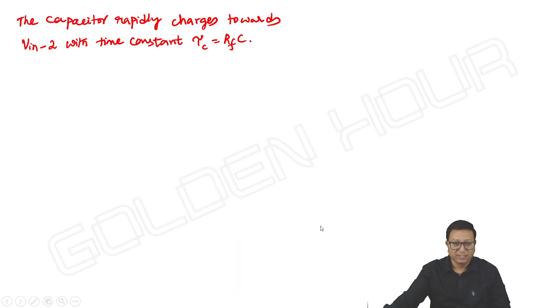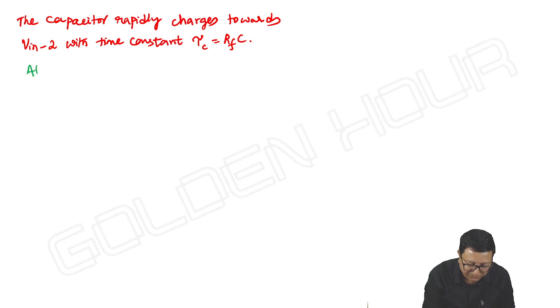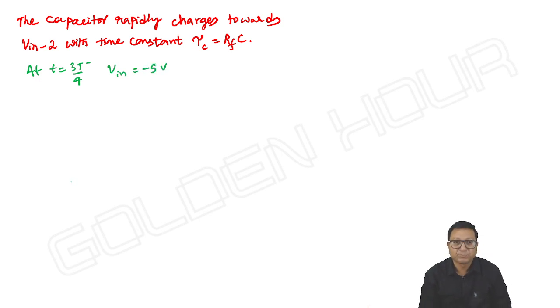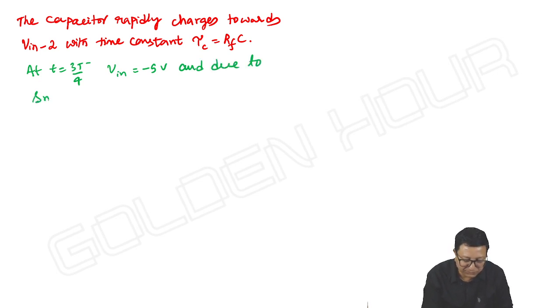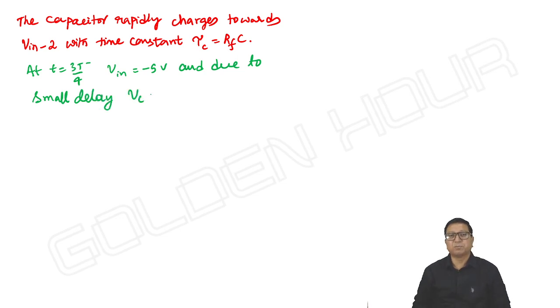The next point, at t equal to 3T by 4 minus, the input value is minus 5 volts. Input comes down up to its negative peak, and due to a small delay, V capacitor is not exactly equal to minus 7.